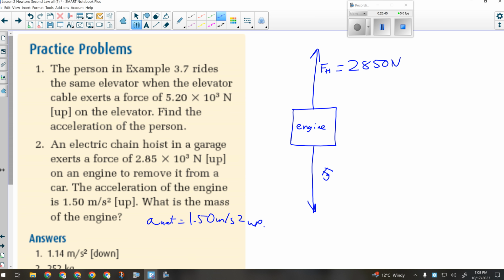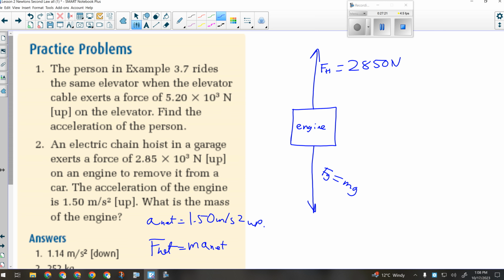This formula here also has m in it. I'm starting to feel like I might be kind of cooked here, because I don't have mass. It's what I'm being asked to calculate, but I don't really have any way to get it.